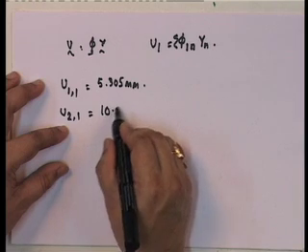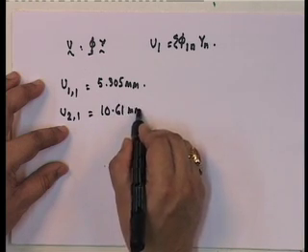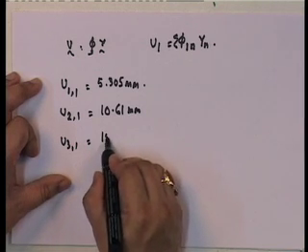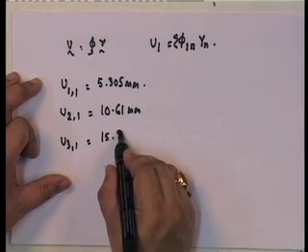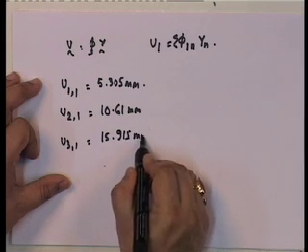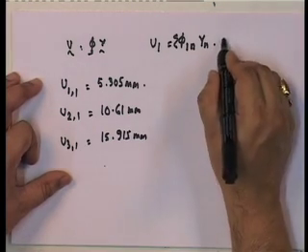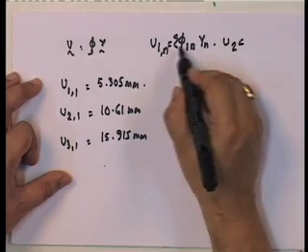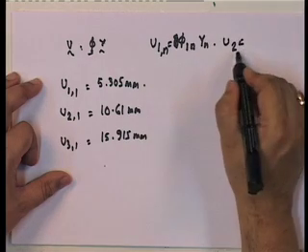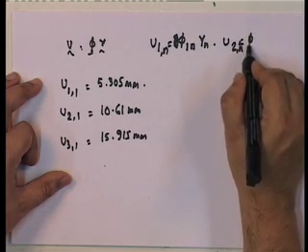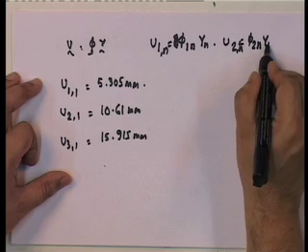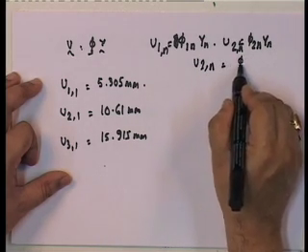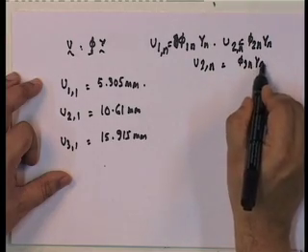So, this is equal to 10.61 millimeter, and the displacement at the top is going to be 15.95 millimeter. So, in other words, V1n is nothing but phi 1n yn, V2n is equal to phi 2n into yn, and similarly V3n is equal to phi 3n into yn.